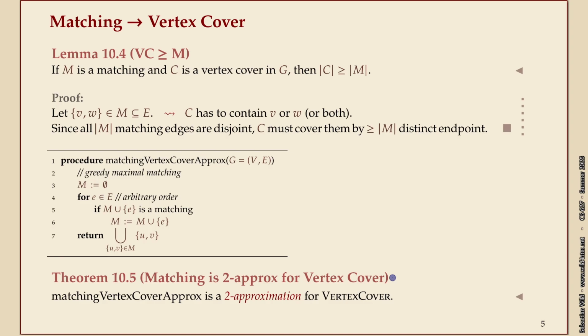Why? Well, 2 things we have to show, right? One, the output is indeed a vertex cover, so we call this C. Suppose some edge was left uncovered.